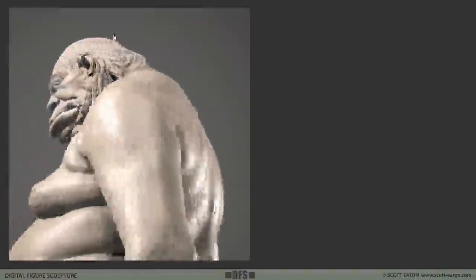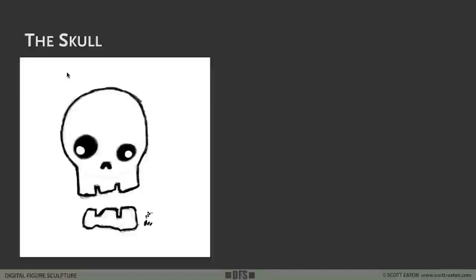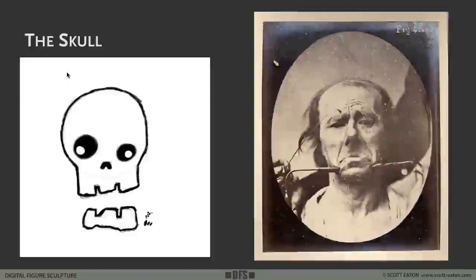The underlying foundation that makes for a successful portrait is the skull, right? And you guys need to know a lot about the skull. If you approach a portrait with very little knowledge of the underlying structure of the skull, something like this, then chances are you're going to be like this as you work through your portrait.